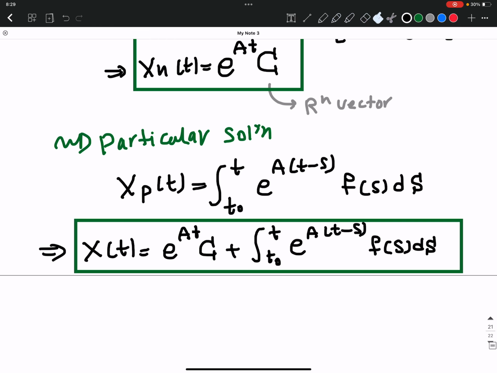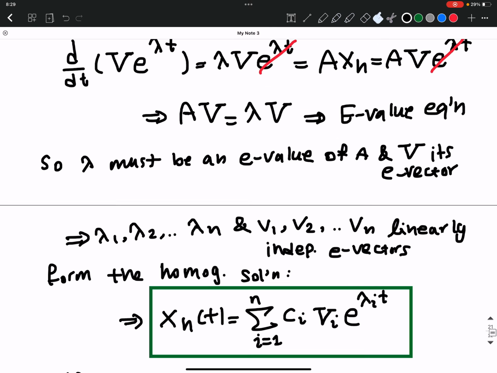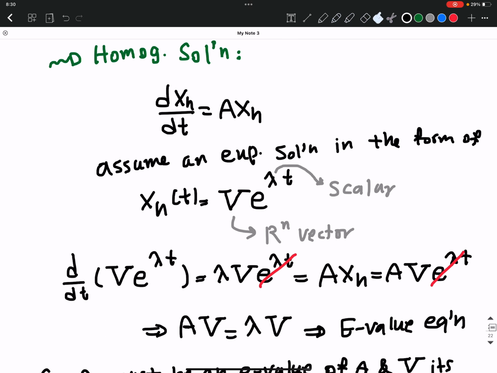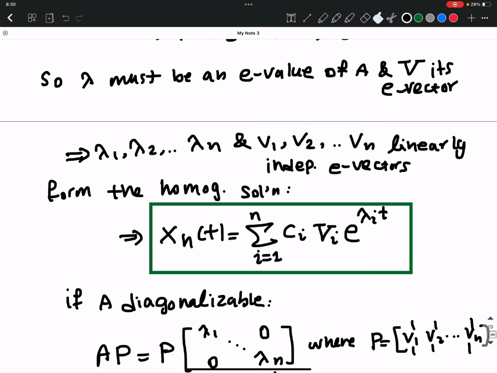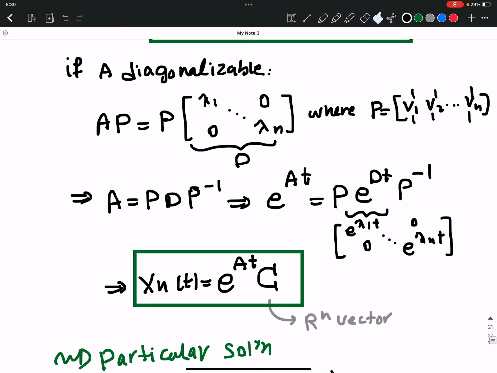Once we find that A matrix, we can simply find the homogeneous solution, e to the At times C, where e to the At is basically P times e to the Dt times P inverse, and P is just the matrix of eigenvectors of this system.